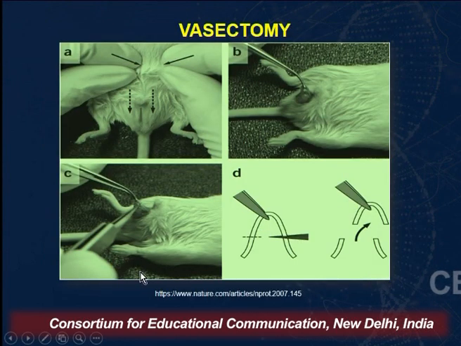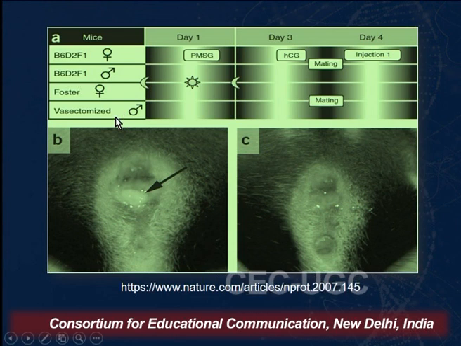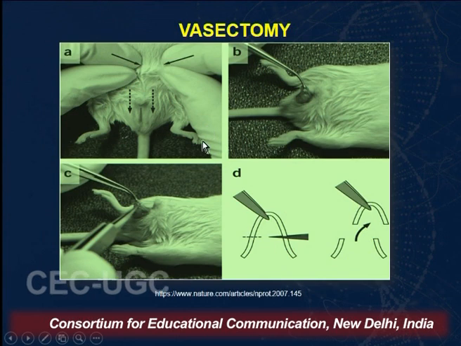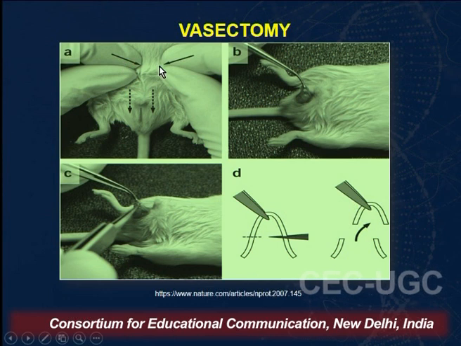These photographs show the mechanism of vasectomy. As I said, we need a male which is vasectomized so that it is not producing any sperm. This is how it is done. First, from the abdominal side, pressing is done so that the testes come into the scrotal sacs.